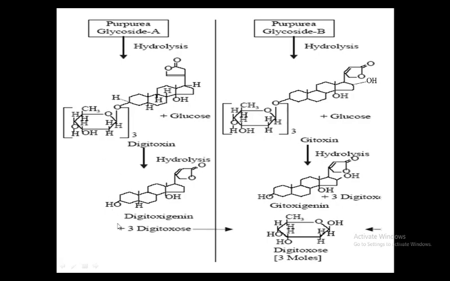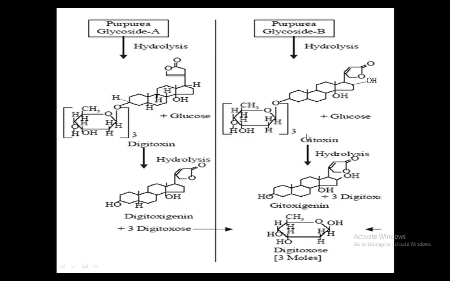So here purpurea glycoside A contains digitoxigenin as the aglycone and glucose and digitoxose as the glycone part, whereas purpurea glycoside B on complete hydrolysis gives gitoxigenin as aglycone and 3 digitoxose and 1 glucose as the glycone. The intermediate hydrolysis product of purpurea glycoside B is gitoxin.